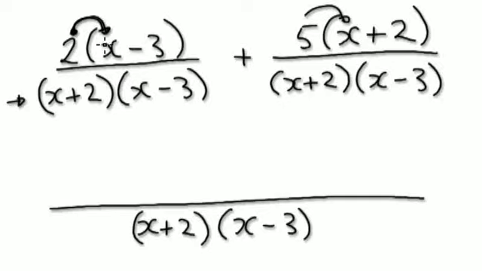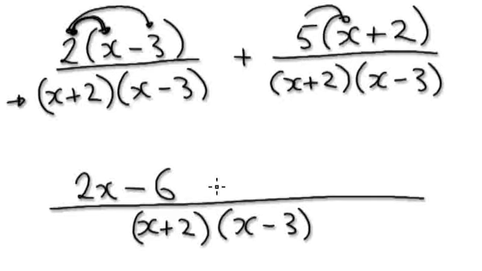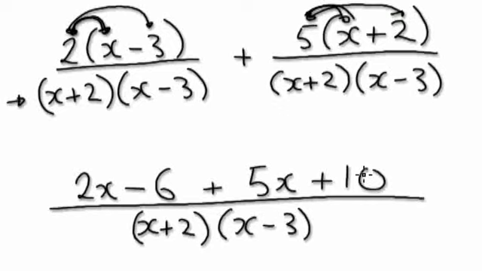So let's do this. 2 times x will be 2x, and then 2 times 3. Well, remember you got a minus there. Will be 6 here. And now you've got a plus there, and 5 times x will be 5x, and then 5 times 2 will be plus 10.